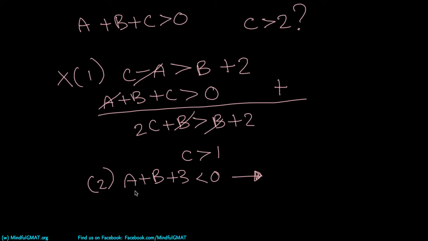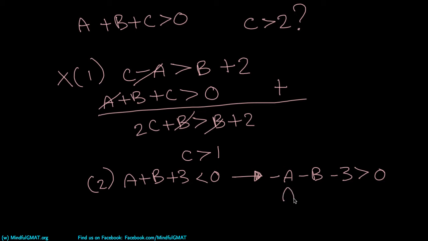So we can multiply everything by minus 1 in this inequality, because if you multiply by a negative number, if you remember that, we actually discussed that in session 1 of our course, the inequality sign swaps. So multiplying by minus 1, you get minus a, minus b, minus 3, greater than 0.